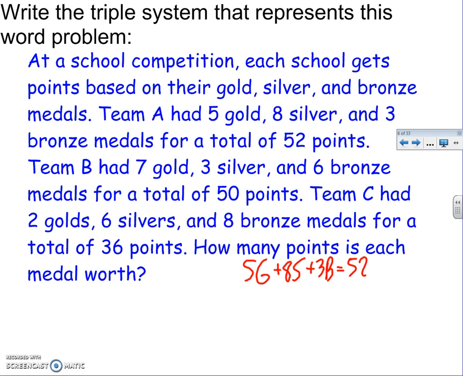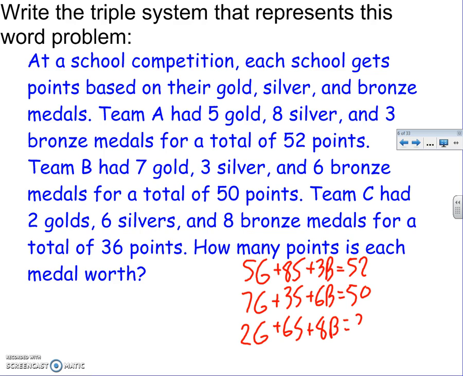The next one, Team B has 7 gold, 3 silver, 6 bronze, 50 points. And the last one, Team C has 2 golds, 6 silver, and 8 bronze, total of 36 points. Again, just set it up, don't solve.